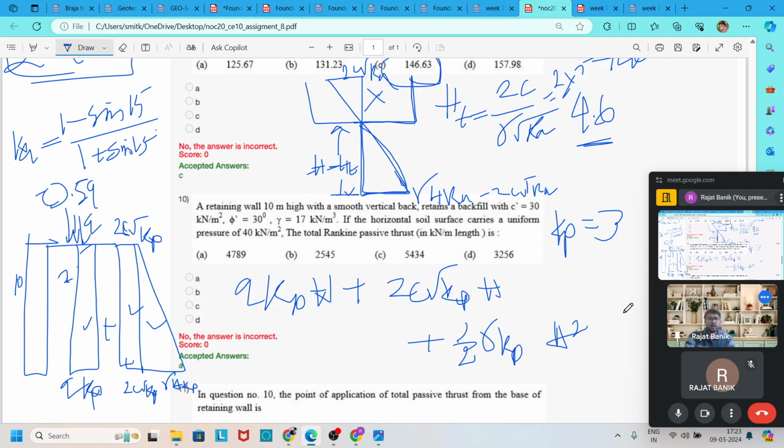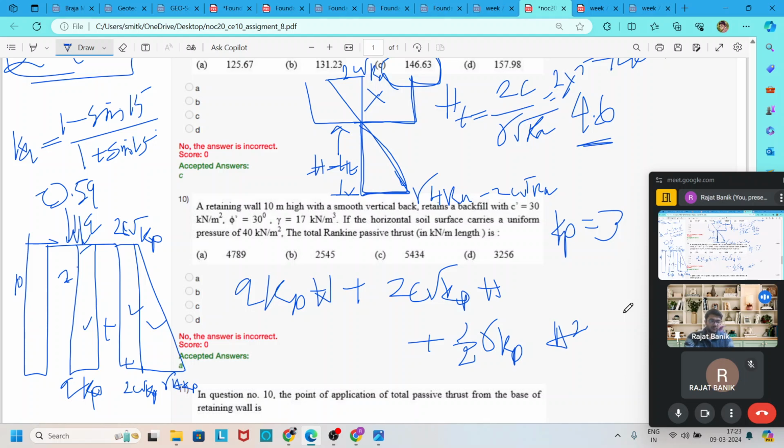Q is 40, Kp is 3, height is 10, plus 2 into c, which is 30, into root over Kp 3 into height 10 again, plus 0.5, which is half, into gamma 17 into Kp 3 into height 10 square.